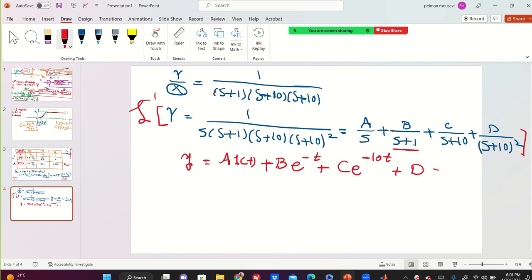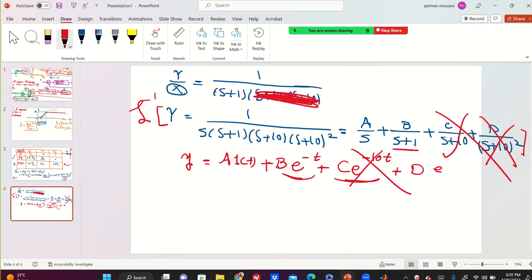And D whatever. So you see which of them vanishes fast between these? Yeah, so these vanish so fast. Physically you say my system is a first order system. See what I'm saying?